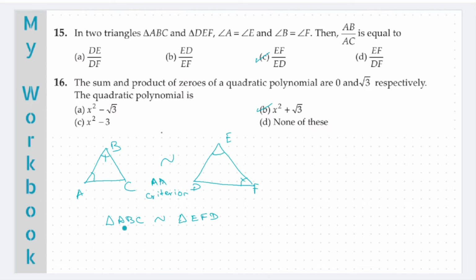Only if we get the name of the triangle in correct manner, we will be able to identify the corresponding sides. And the corresponding sides are proportional in a similar triangle.